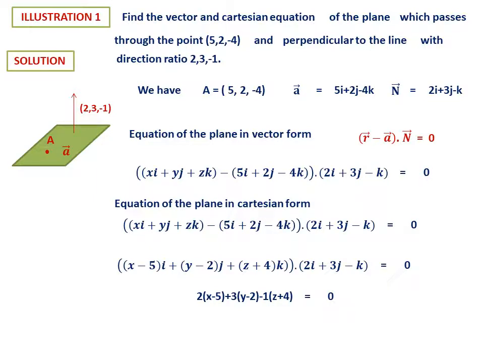This itself is the Cartesian form. Of course you can also simplify this if you want, or you can just write 2x plus 3y minus z equal to 0 on simplification. So one is the vector form, another one is the Cartesian form. This is the first illustrative example of the equation of the plane.